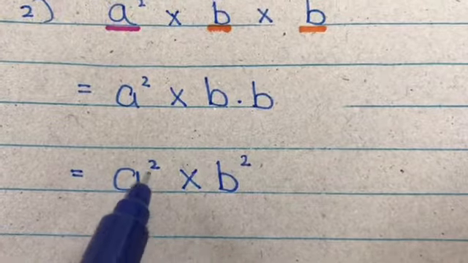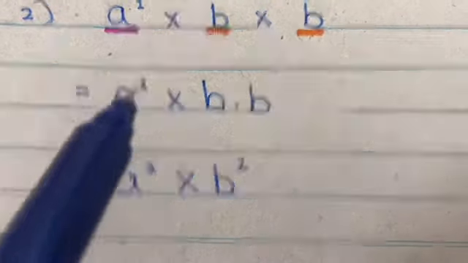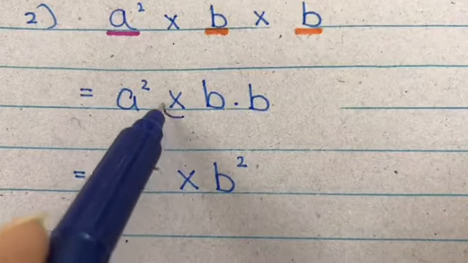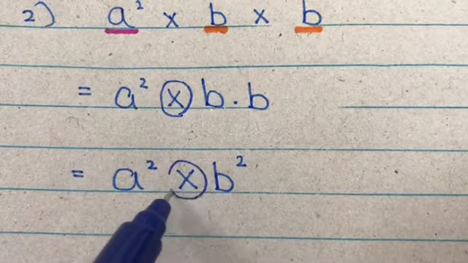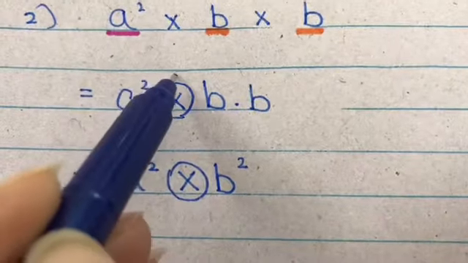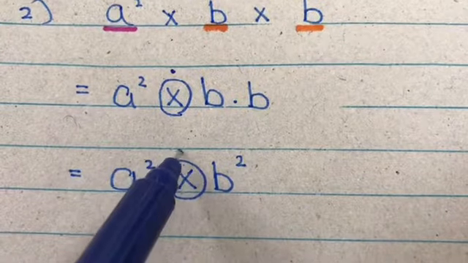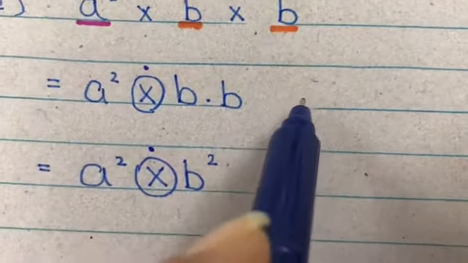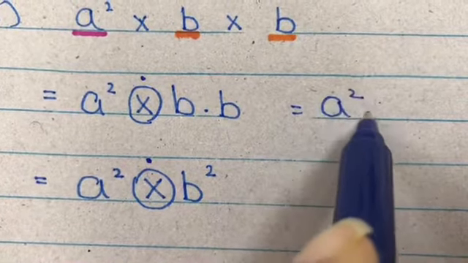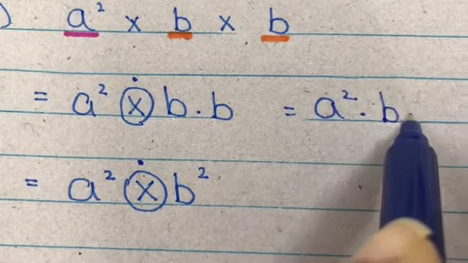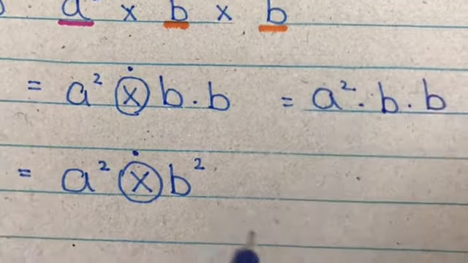It looks like a squared x b squared, right? So actually here also you should have put a dot in between the letters. The multiply sign is represented as a dot. So this would have been a better way to write down: a squared dot b dot b.